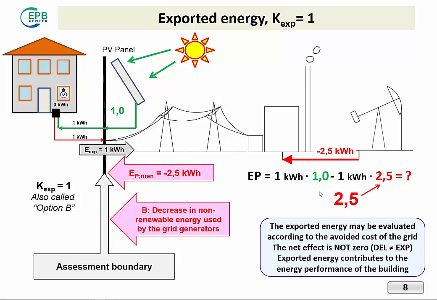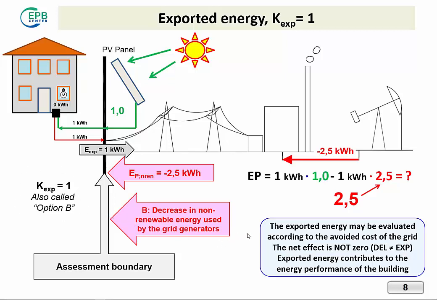It is evident that in this case this doesn't cancel, and so we express this fact by saying that the exported energy is part of the energy performance of the building. This is also called option B, and it is selected by using a value of K exported equal to 1.